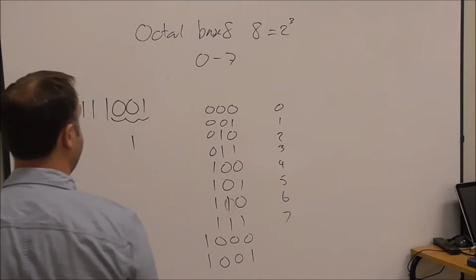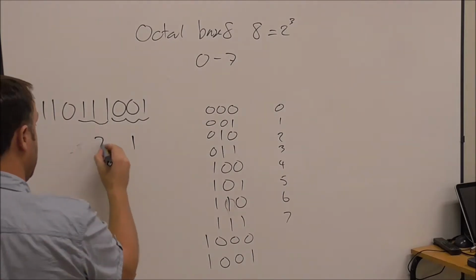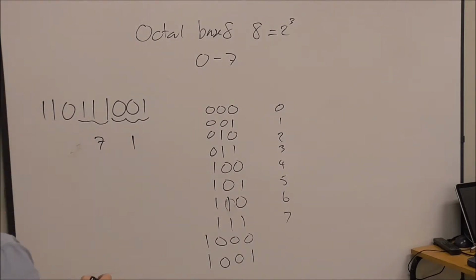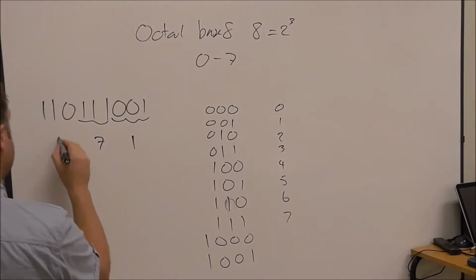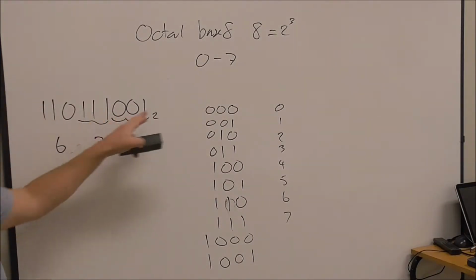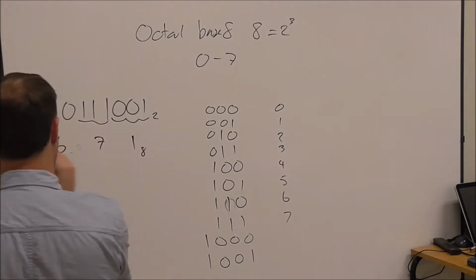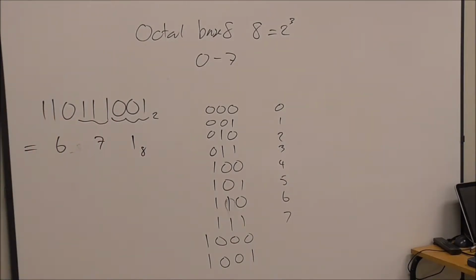So that's 1. This group of 3 is 7. This group of 3 here is 110, which is 6. So this number here in binary equals this number in octal.